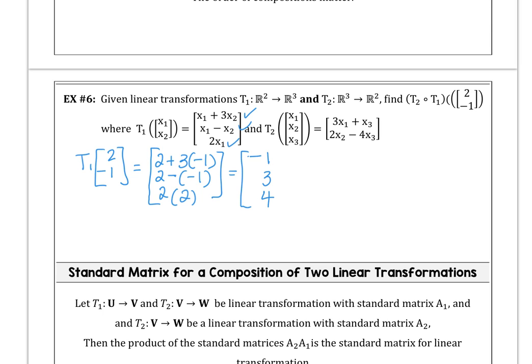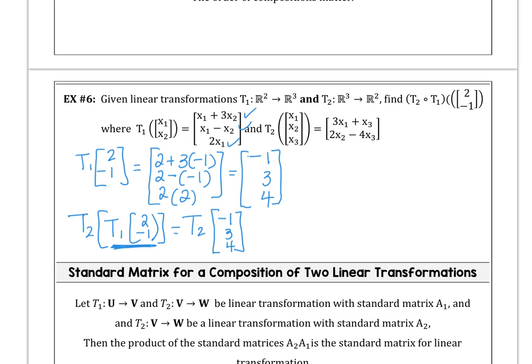So we've got the transformation T1. Then, following the second rule, T2 is applied to T1 at (2, -1). T2 is going to map onto (-1, 3, 4), because we just calculated this part here.